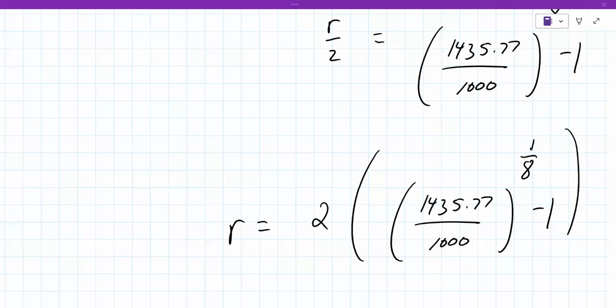I would encourage you to give this calculation a try. I'm going to enter it into the calculator here. Your instructor chose nice numbers because this does work out nicely.